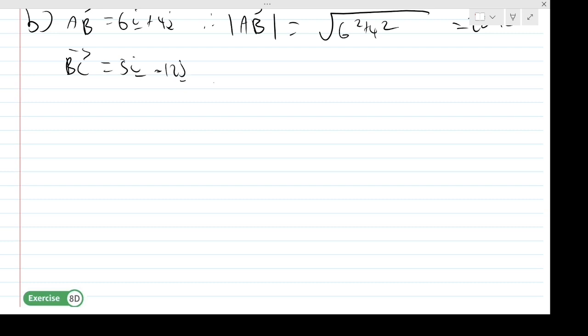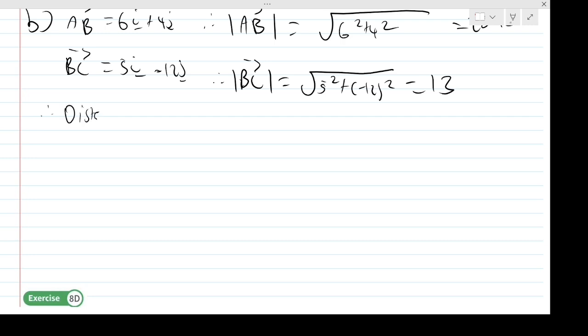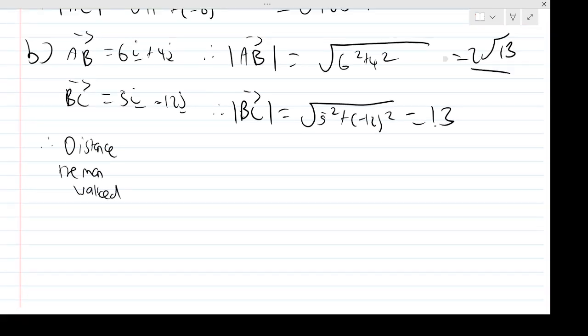And so therefore the length of that vector BC, the magnitude, is root of 5 squared add minus 12 squared, which would be 13. Okay, so the total distance the man walked is, because he walked from A to B then B to C, these two added together.